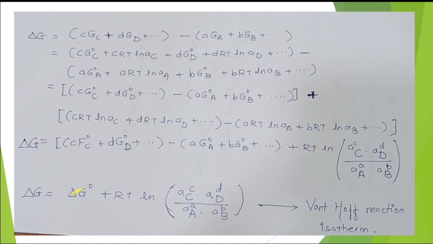So this last equation, delta G is equal to delta G standard plus RT ln of activity of C raised to c into activity of D raised to d, divided by activity of A raised to a into activity of B raised to b, is the Van't Hoff reaction isotherm equation.